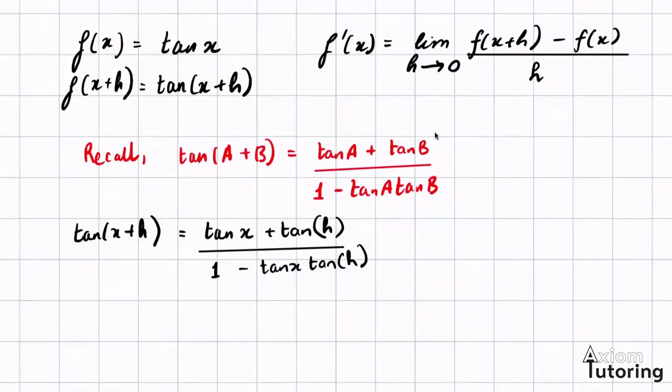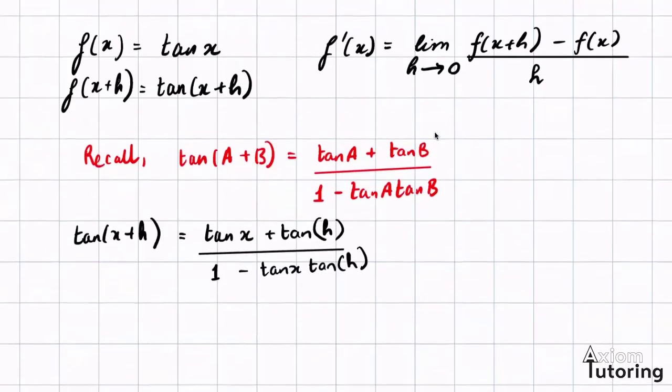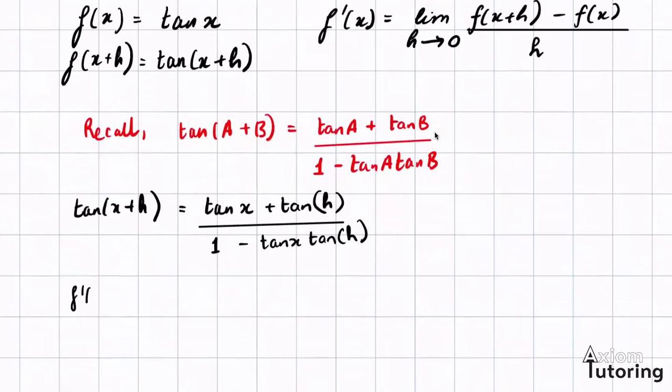Okay, so now we can use this expression in our expression for the derivative f dash of x. So then we can write f dash of x equal to the limit as h tends to 0 of f of x plus h, but we just found that to be this expression here.